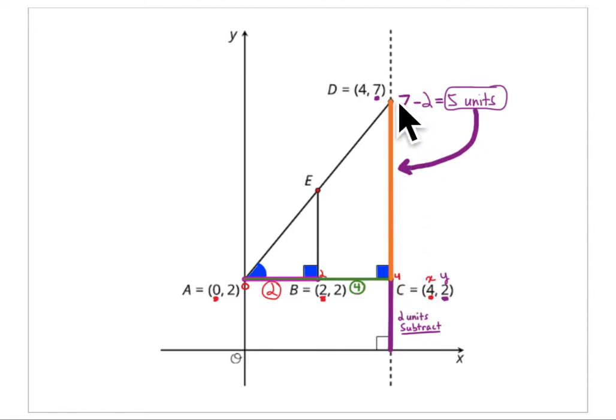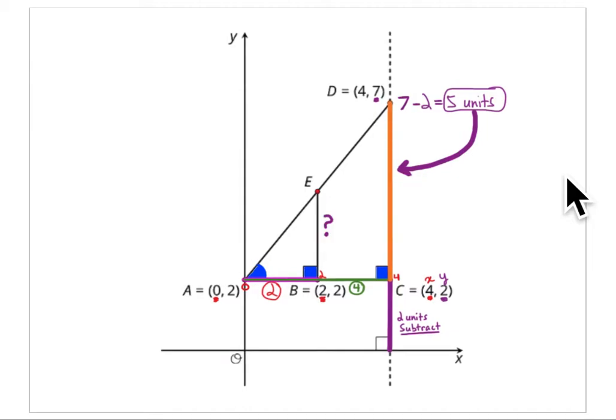So 7 units minus 2 units equals 5 units. Again, the relationship going from 4 to 2, 2 is 1/2 of 4. So this length right here is going to be 1/2 of 5.